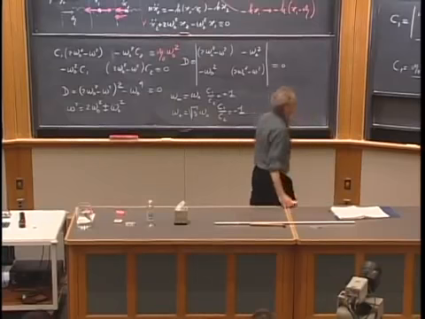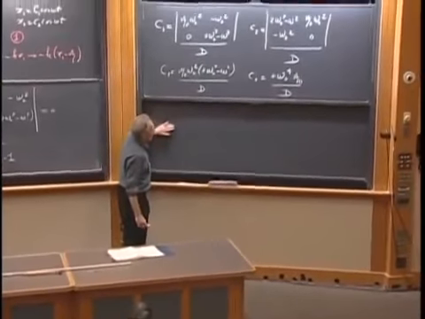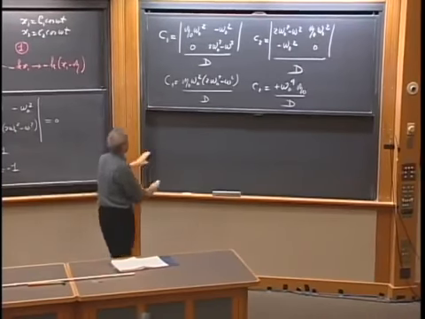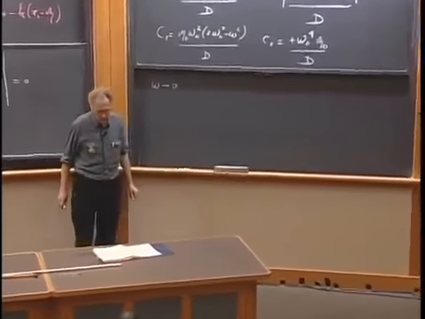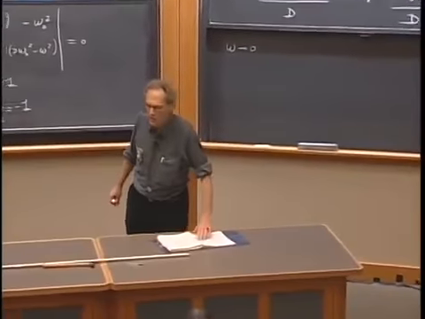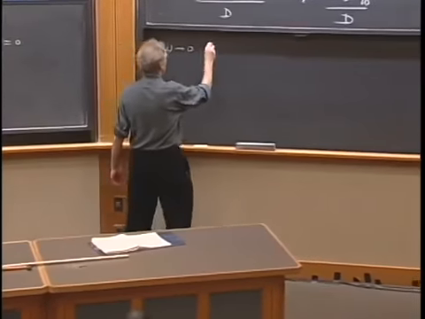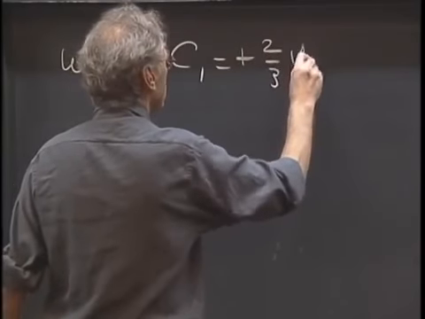If you want to see what the amplitudes now are as a function of omega, it's a very, very interesting behavior. What helps is you take omega first to 0, and then you see what happens. And it's not so intuitive what happens. If you put in omega equals 0, you'll find that C1 is plus 2/3 eta 0.